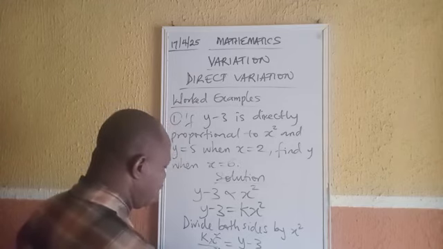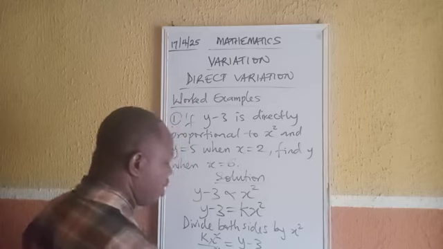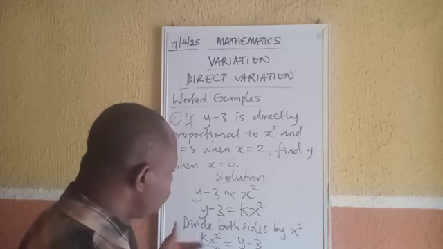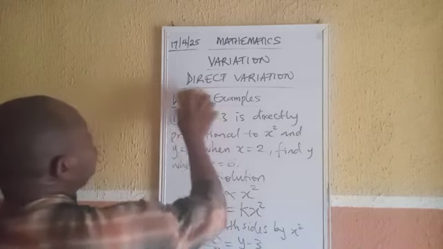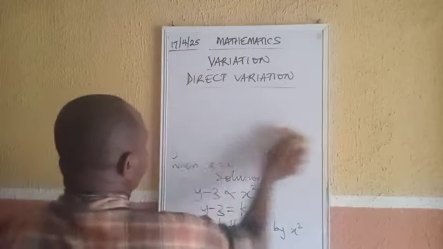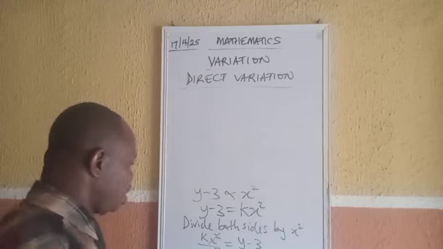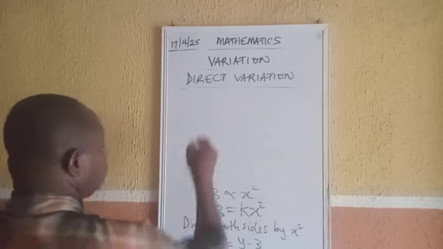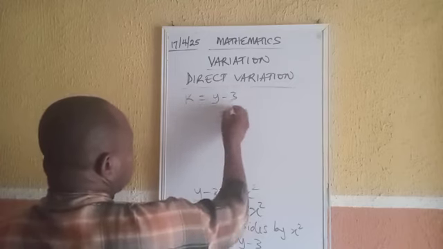So our value for k is y minus 3 over x squared. Let me write it up again, just in case you can't see it there. So k will become y minus 3 over x squared.